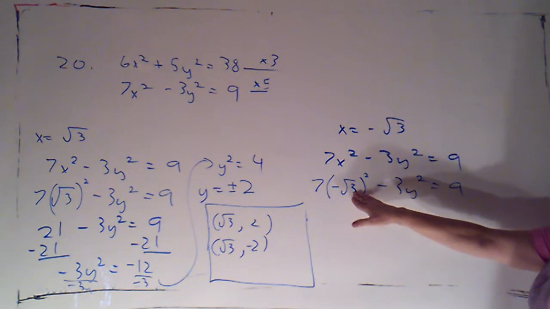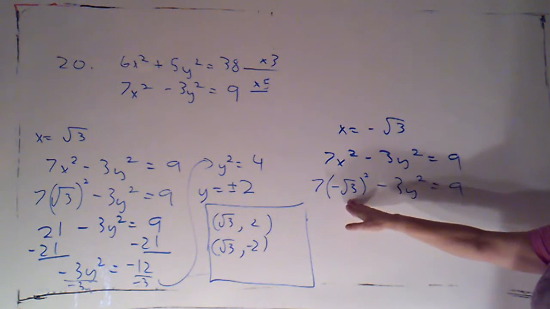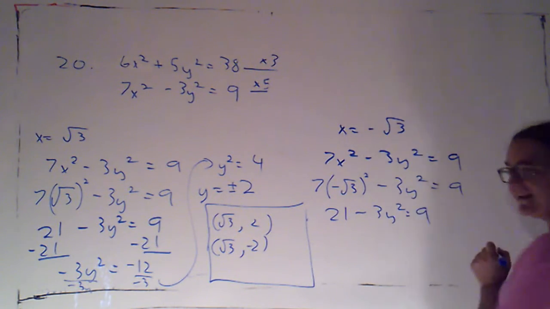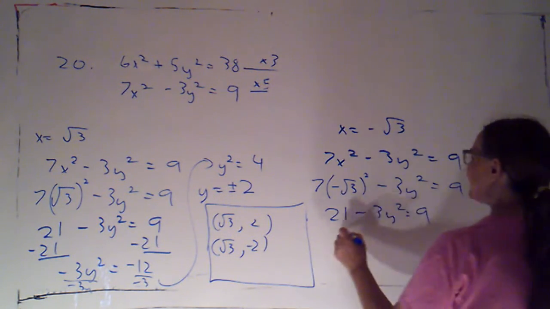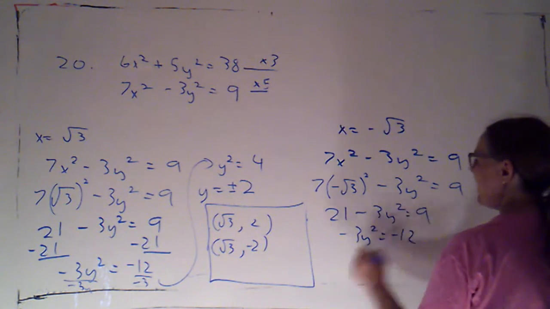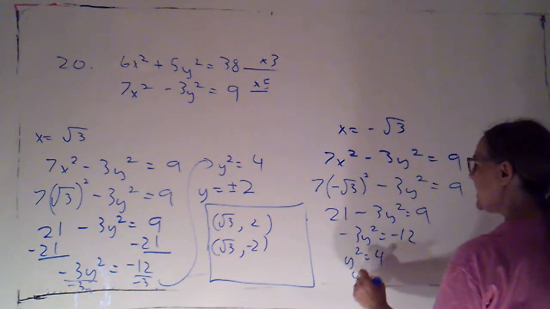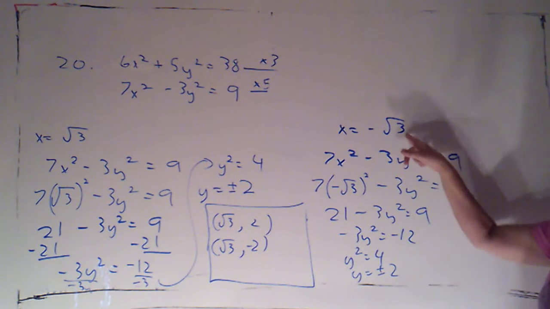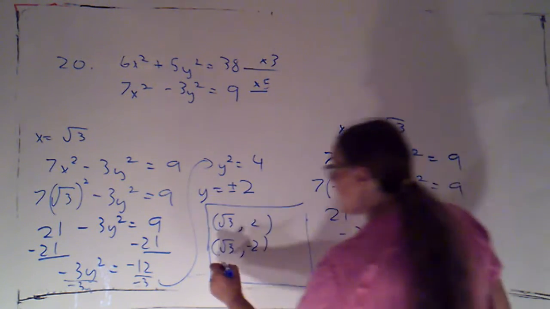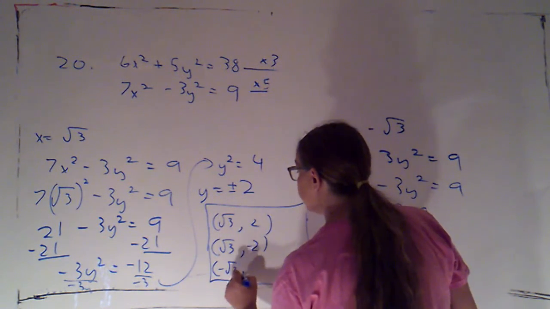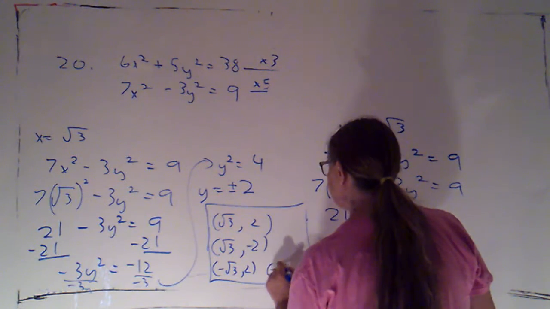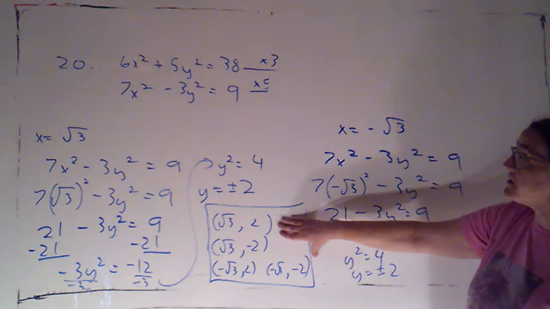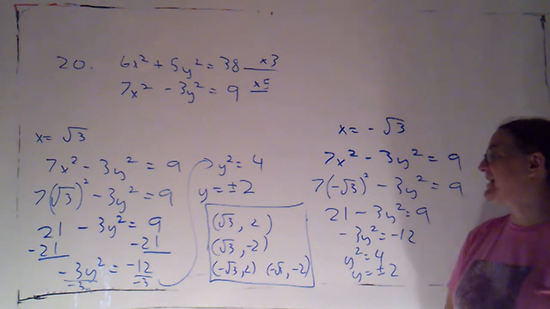The negative sign goes away when I square it. So this just becomes 3 times 7. So that's 21 minus 3y squared equals 9. We've seen this before. So negative 3y squared is negative 12. y squared is 4. And y is plus or minus 2. So these two y values go with that x value as well. So I also have negative root 3, 2, and negative root 3, negative 2. So a total of 4 solutions that we get in this particular case.